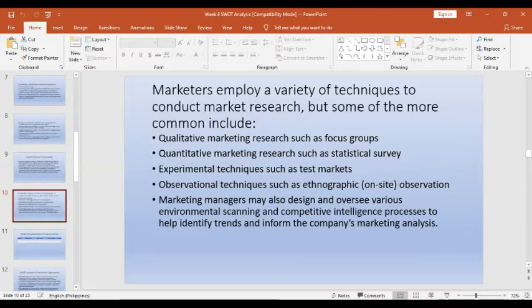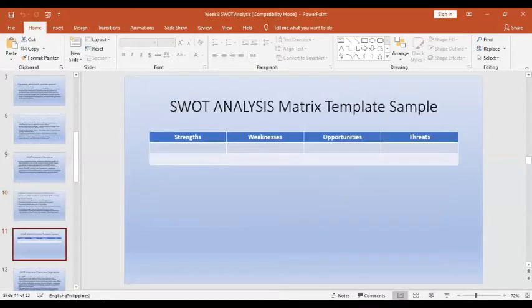And even observational techniques such as on-site observation. Marketing managers may also design and oversee some of the competitive intelligence process and environmental scanning to identify trends and inform the company's marketing analysis towards the competitor and the product itself.